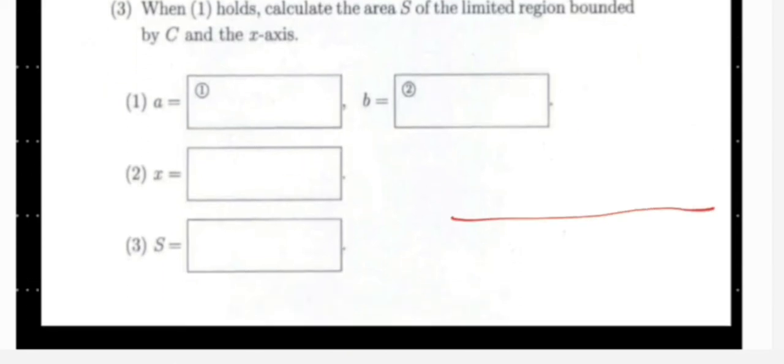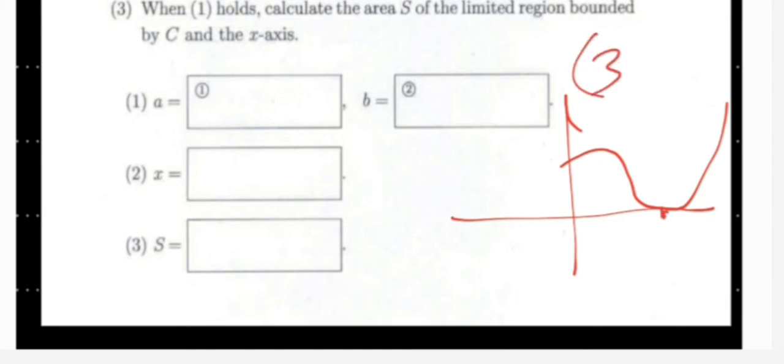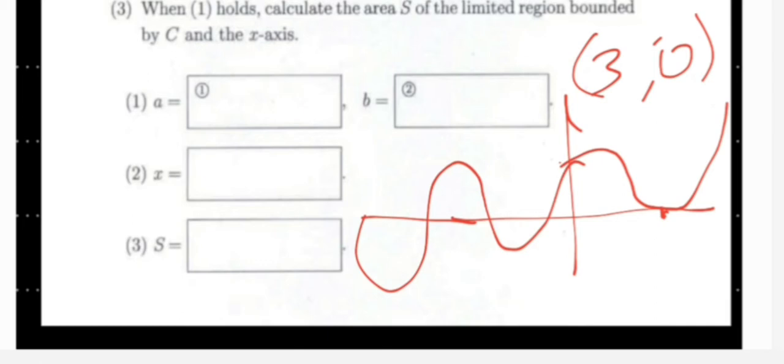So our curve is something like this, right? We know that it is tangent at point 3, so it has a point in common at 3. So 3 is one of the points, 3 and 0. I'm just putting the 0 so that we understand. And then we have maybe something like this.